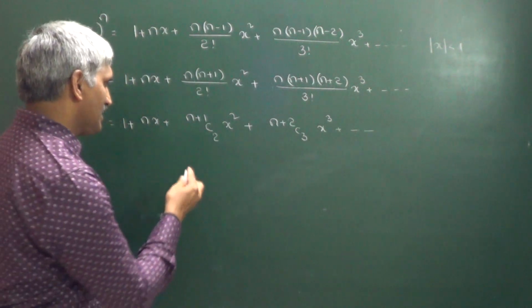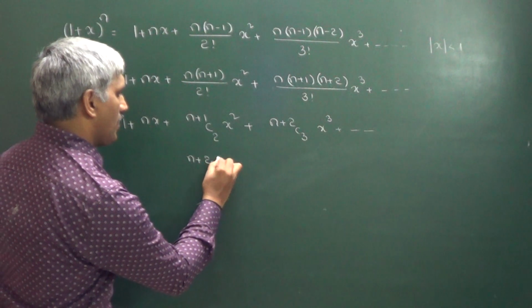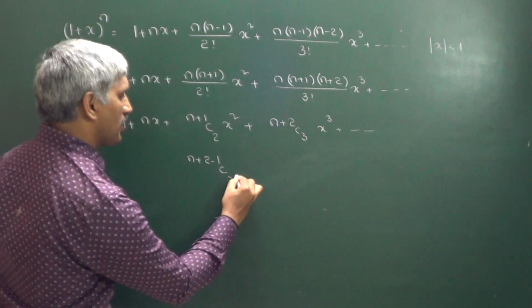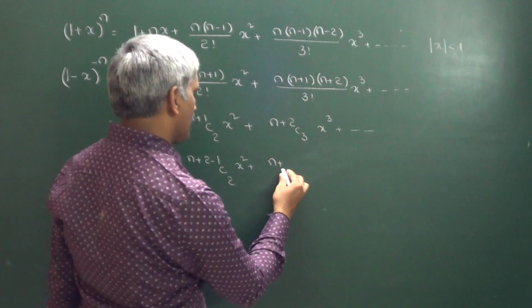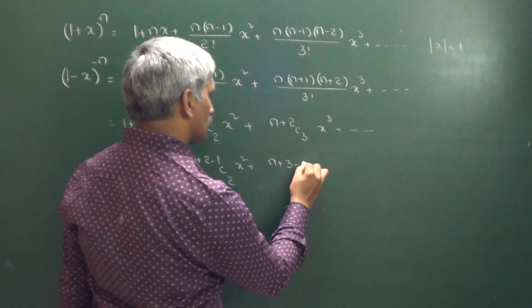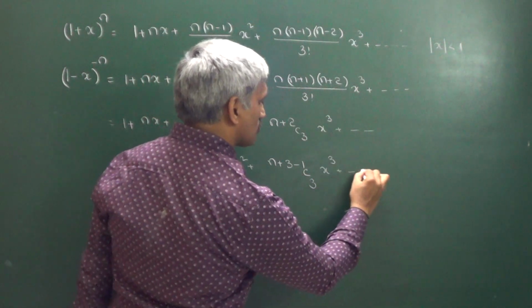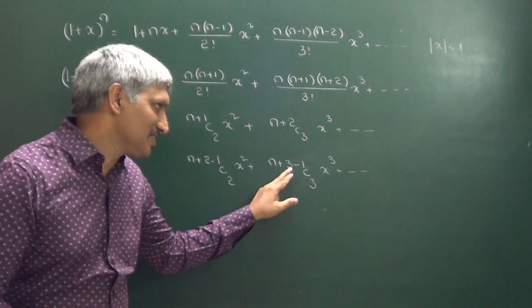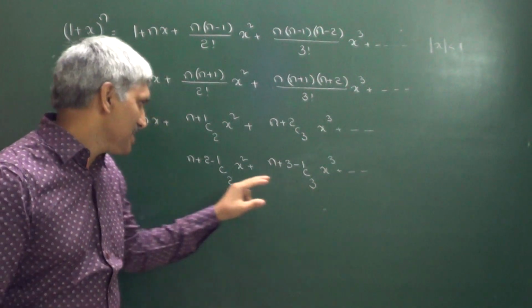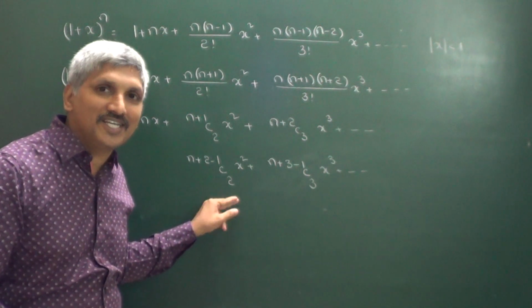Again observe, this can be written as (n+2-1)C2 x², and the next one as (n+3-1)C3 x³ plus and so on. The x³ coefficient is (n+3-1)C3, and the x² coefficient is (n+2-1)C2.